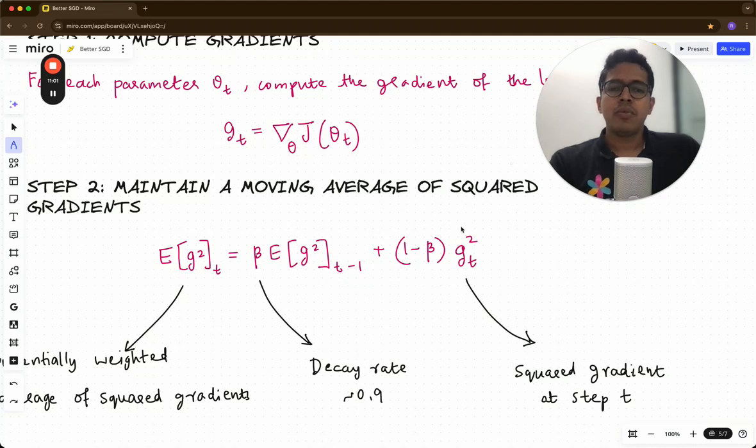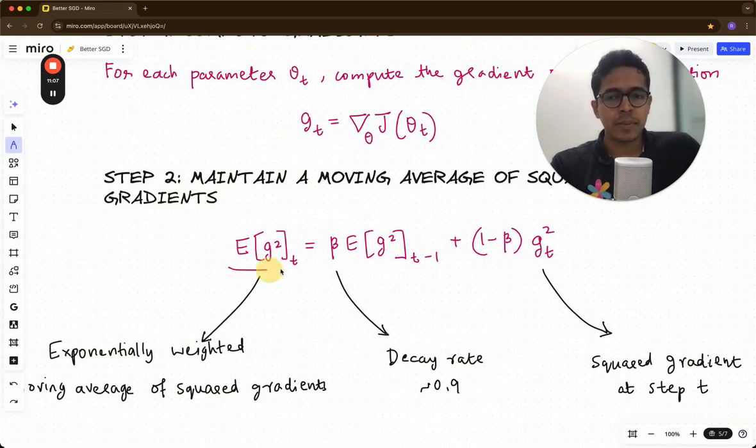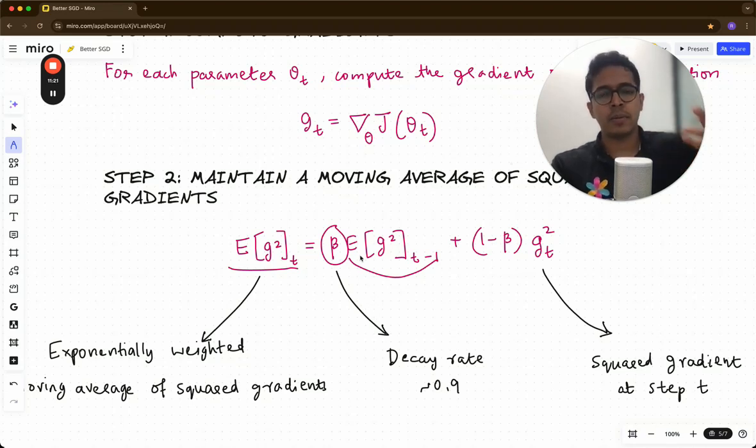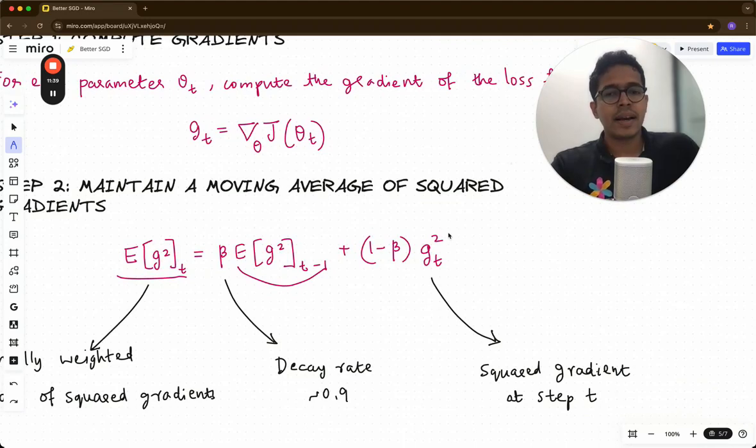Now what is the moving average of the squared gradient? The moving average of the squared gradient at time step t is equal to the moving average of the squared gradient at time step t minus 1, and we are taking 90% of that because beta is 0.9 typically. It can be 0.99 also depending on the problem statement, but we will say that the moving average of the squared gradient at time step t equals 90% of the moving average of the squared gradient at time step t minus 1 plus 10% of the squared gradient at time step t.